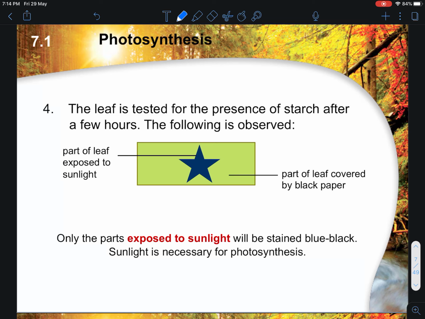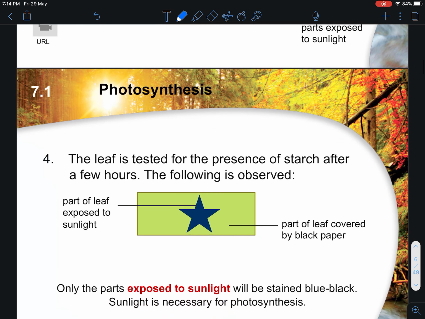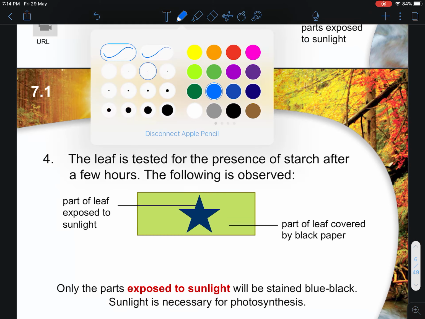What we realize is that the green area that is exposed to the light energy, the area where there's the star shape, is actually green in color.